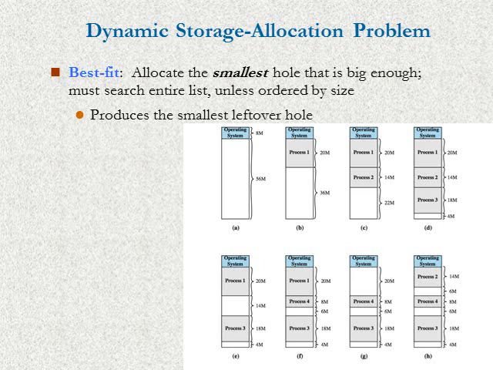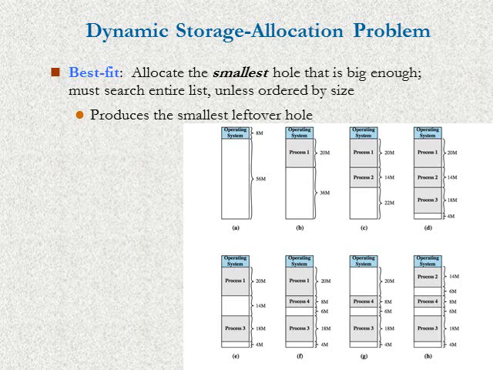So a memory hole that can accommodate the process in the best manner should be allocated to that process. And the advantage of this method is that it leaves the smallest amount of memory behind, which means that the external fragmentation in this case will be minimum.